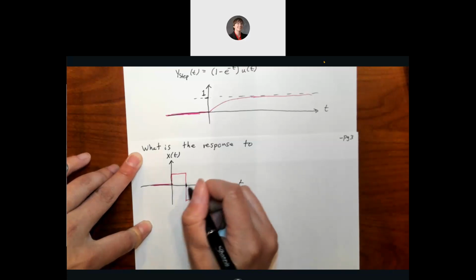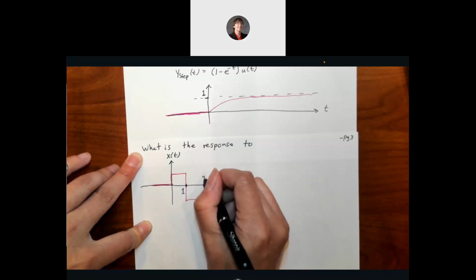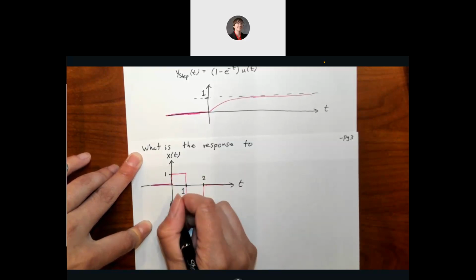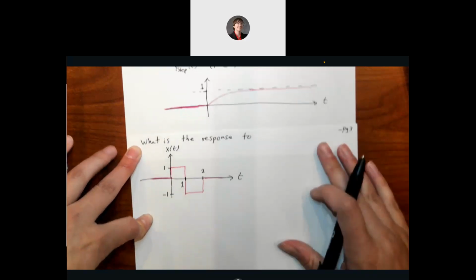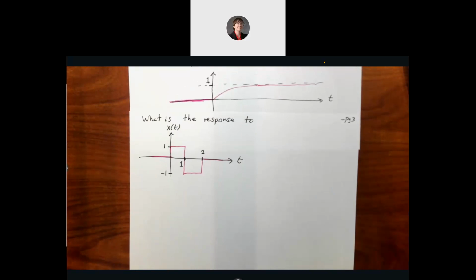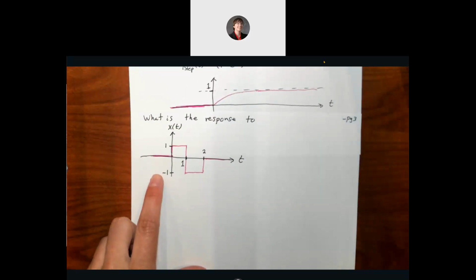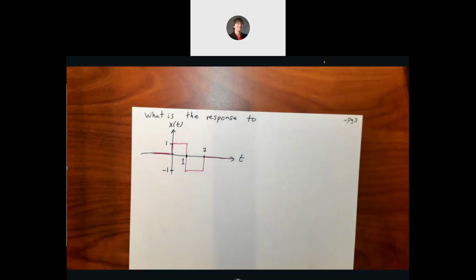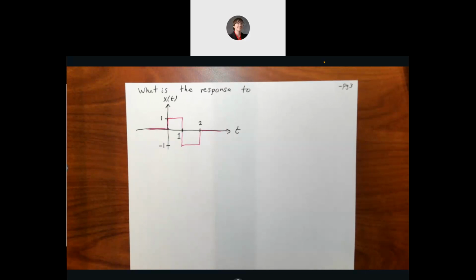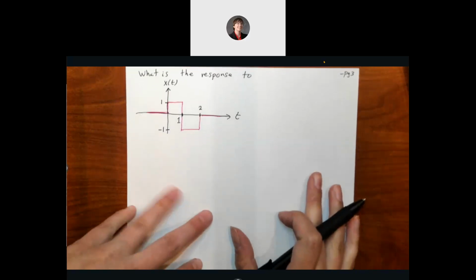And this is going to occur at 1, 2, this height is 1, and this height is -1. So if we actually wanted to solve the ODE with this input, it's going to be a lot harder for us to do that. But we can use our knowledge of LTI systems to avoid having to redo that differential equation.